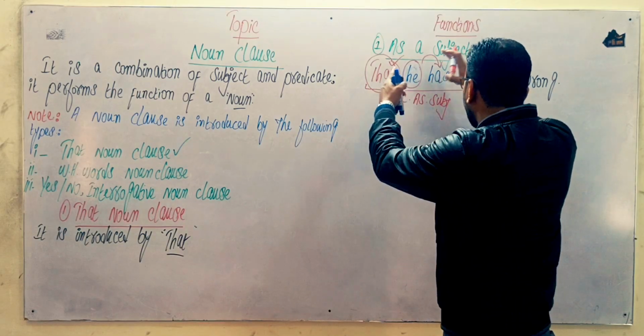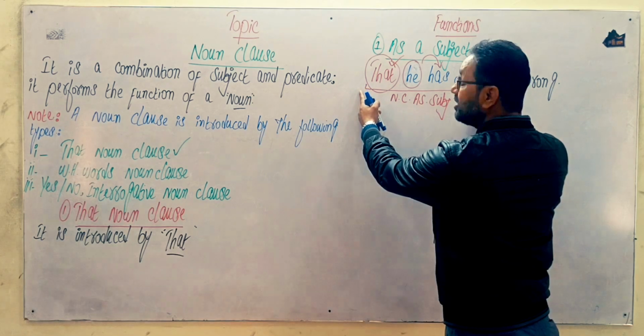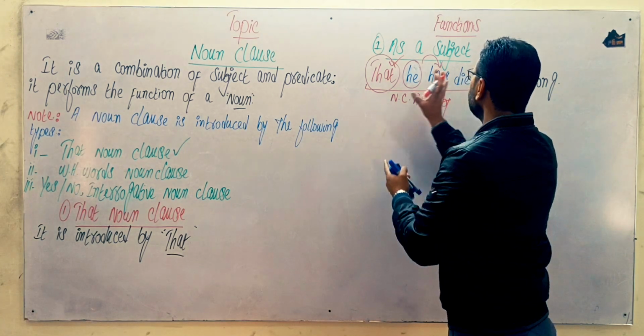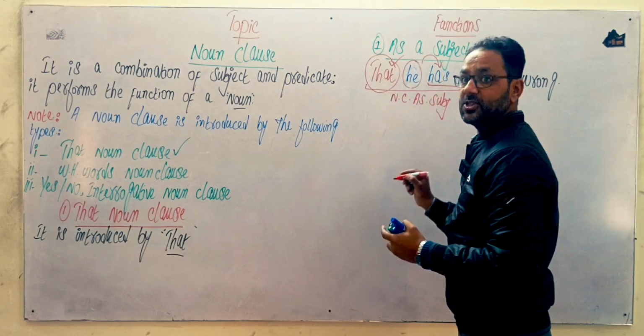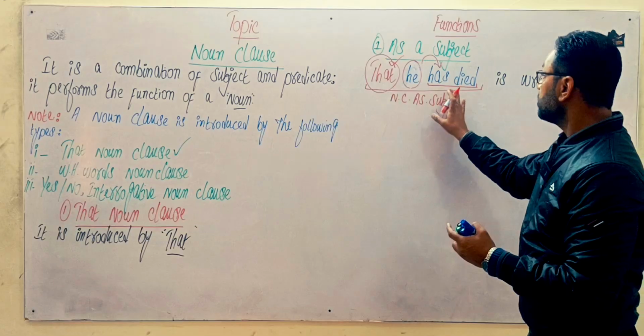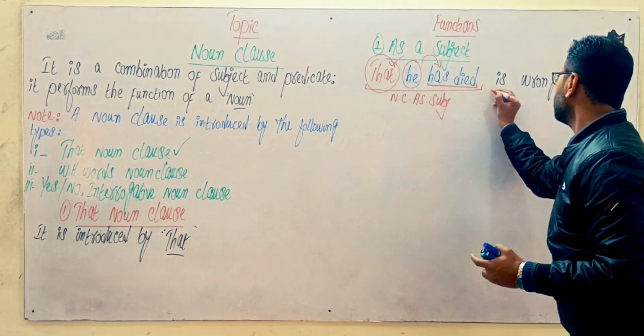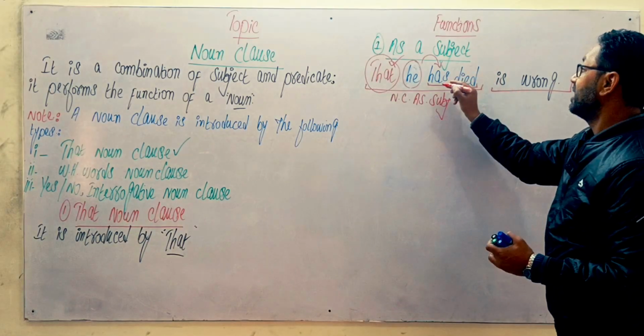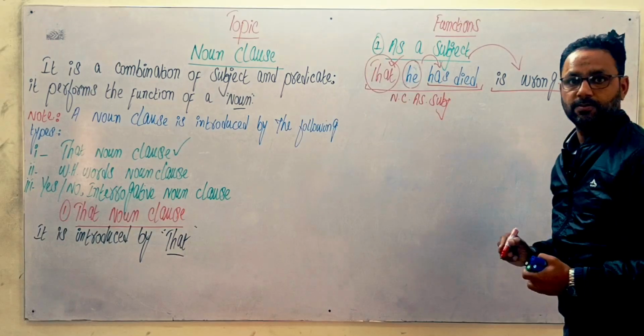So this complete whole unit up to this place, which has been delineated by me, is making one whole, that subject plus predicate within itself. This complete whole is working as a subject, and the predicate of this part is lying over here. That he has died is wrong.